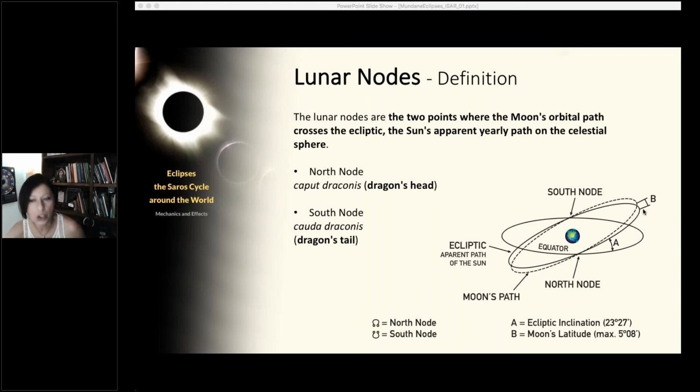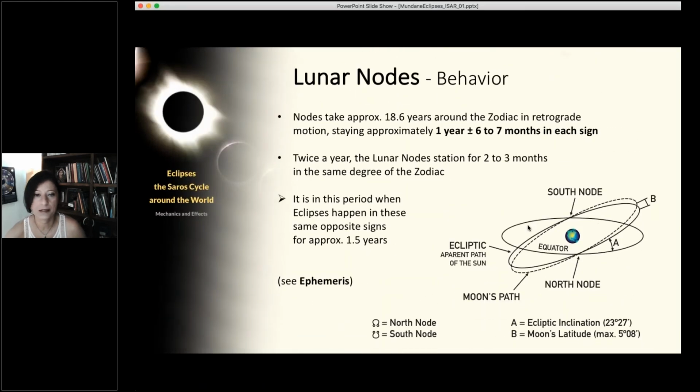Here at the maximum elongation is when it's going to appear to reach its highest point in the sky. Okay. And hopefully you guys already are familiar with this type of conception.